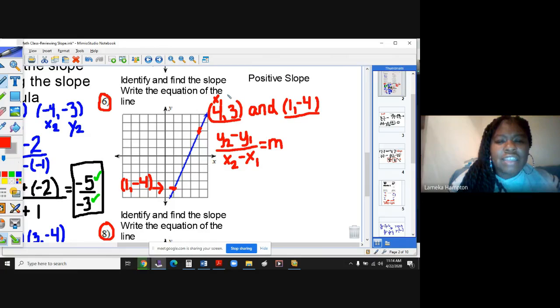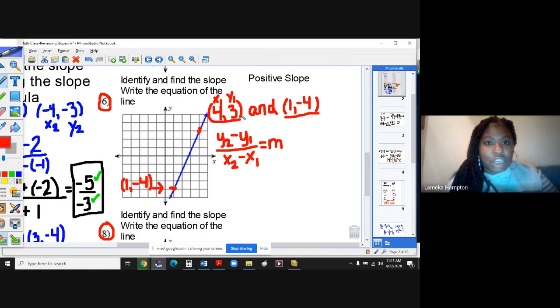Y1. Excellent job, Miss Philomena. It's going to be y1. So remember, for anybody that's watching this playback, 4 is the x coordinate of the first set. That's why we name it x1. And I know that looks like the one is connected to the 4, but it's the x1, okay? And 3 will be represented as y1 because 3 is the y coordinate of the first set.